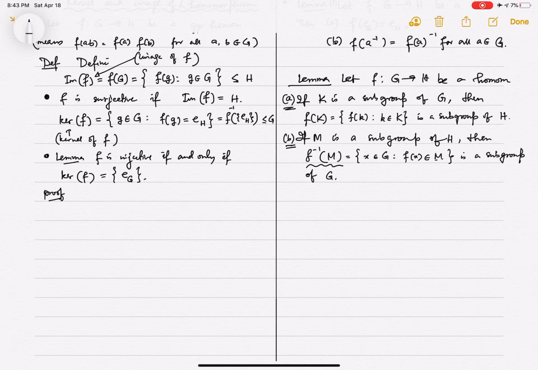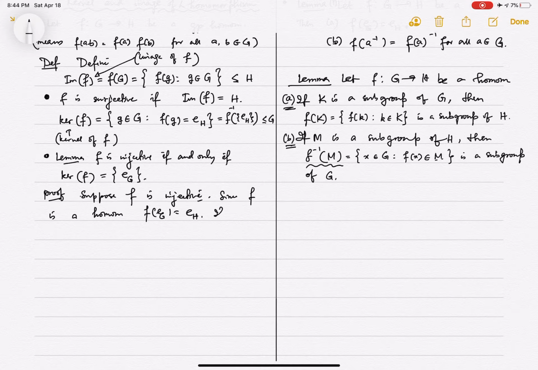Let's prove this before giving some examples. If f is injective, so suppose f is one-to-one. Now since f is a homomorphism, f of the identity is identity. But if it's 1-to-1, then the identity is the only thing that can go to identity.